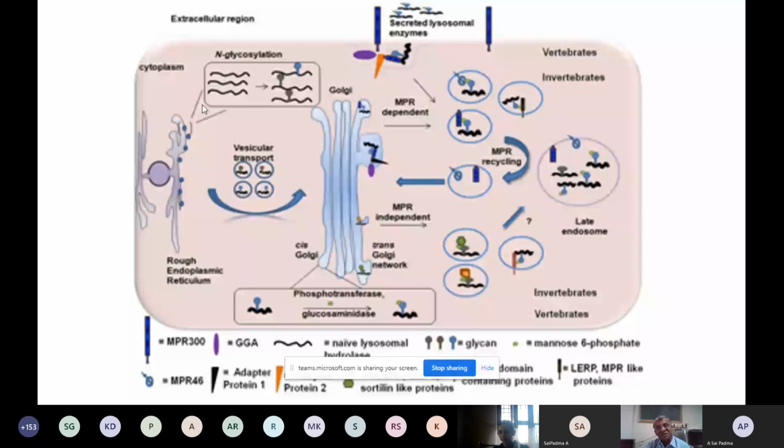And our more recent study on the Cnidarian Hydra vulgaris has unequivocally established that Hydra also contains lysosomal enzymes, and they also have a mannose-6-phosphate receptor protein.